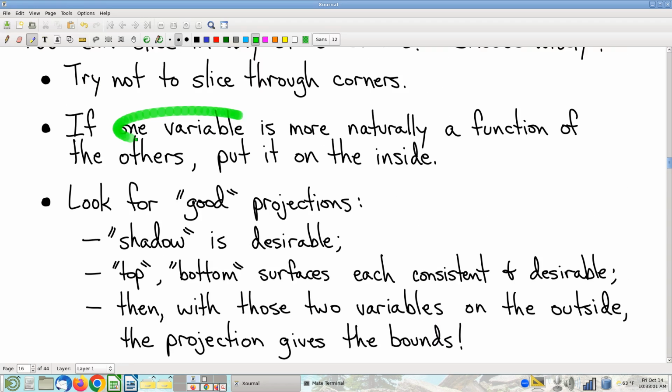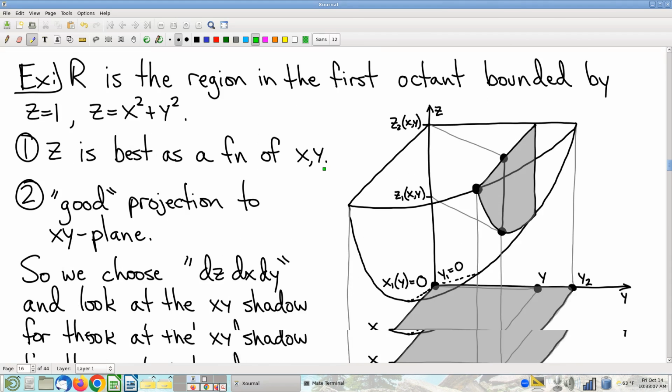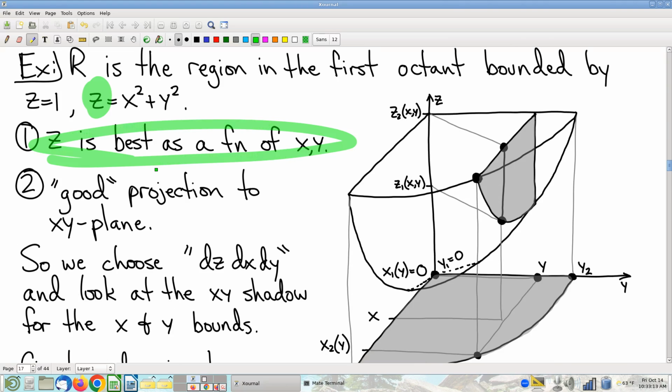Now, one of the first things I'm going to notice, per this little bit of advice up here, is that if one of the variables is a function of the others, we want to put that slicing on the inside. And that's the case here, right? Z is pretty naturally thought of as a function of x and y in that equation. I guess I could solve for x or y, but then I'm going to have square roots in my bounds and therefore in my eventual integrands.